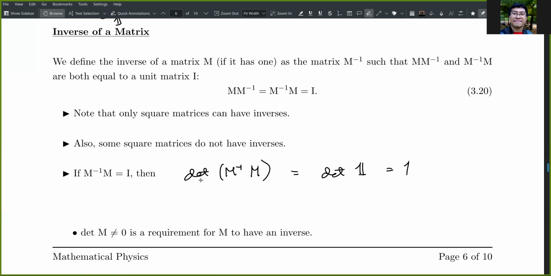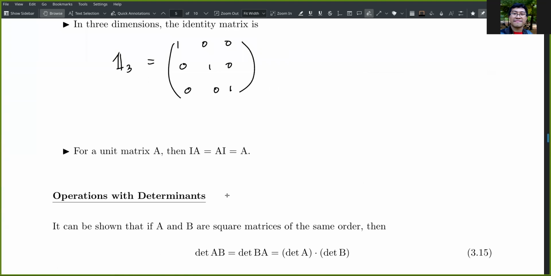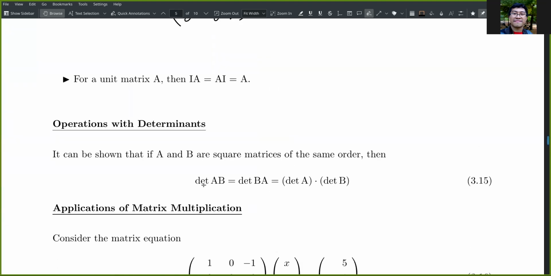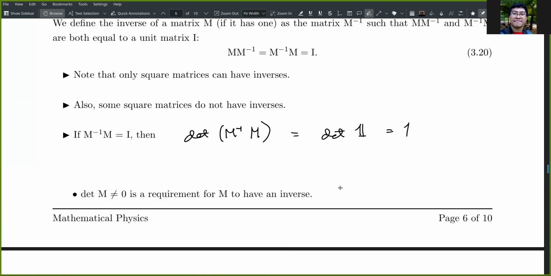Using a property that I mentioned a while ago, determinant AB equals determinant A times determinant B, here we have the determinant of M inverse times the determinant of M, and that's equal to 1. It means that both of them should not be 0.